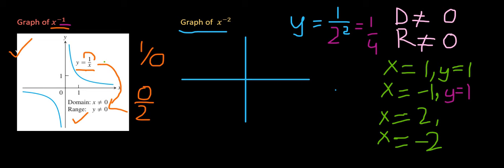So our value of y is 0.25, and again we don't need to put the value of -2 because we already know the answer will be the same, and it will also be positive because we are having a square.